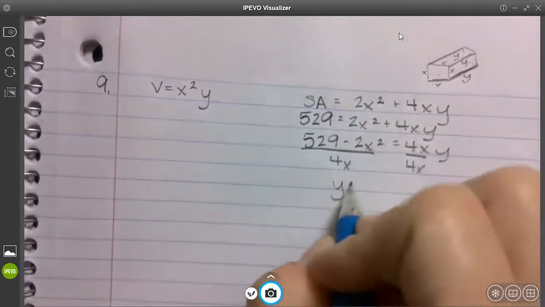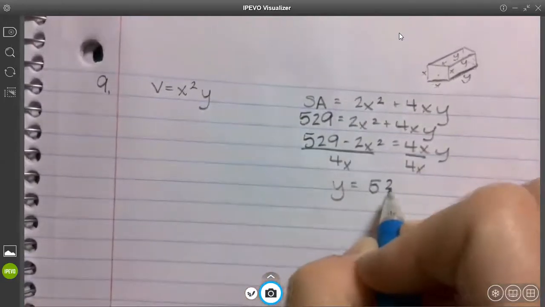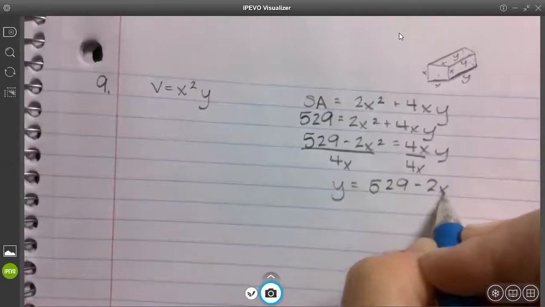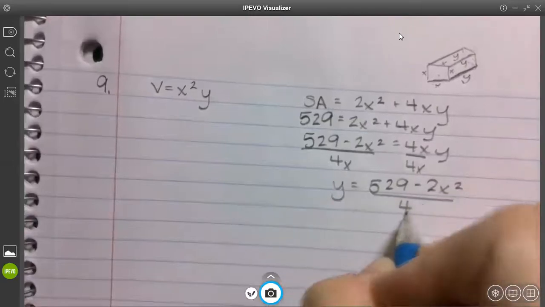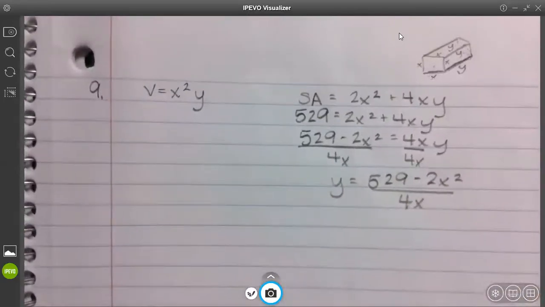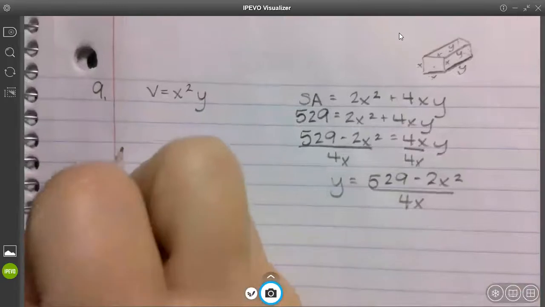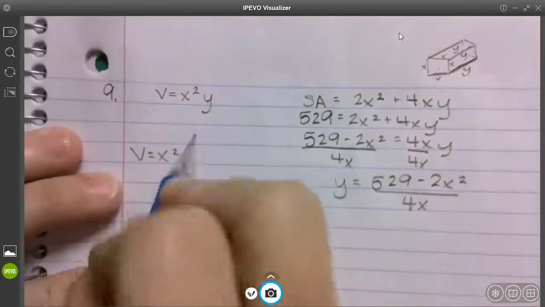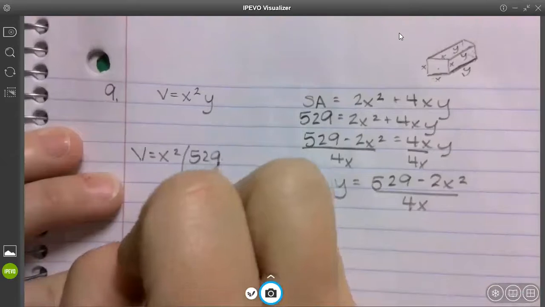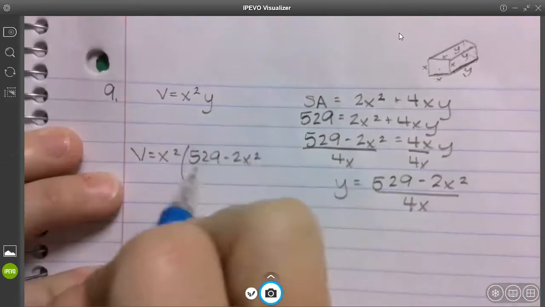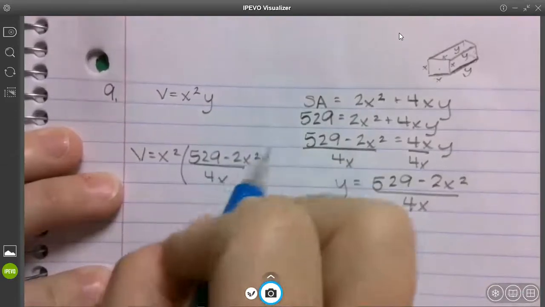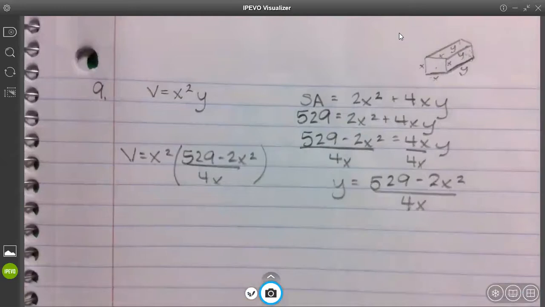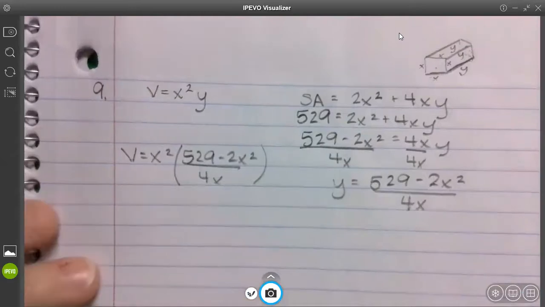So we get that y equals 529. I subtracted 2x squared. I divided by 4x. We're going to plug that into our volume. And then I distributed the x squared.